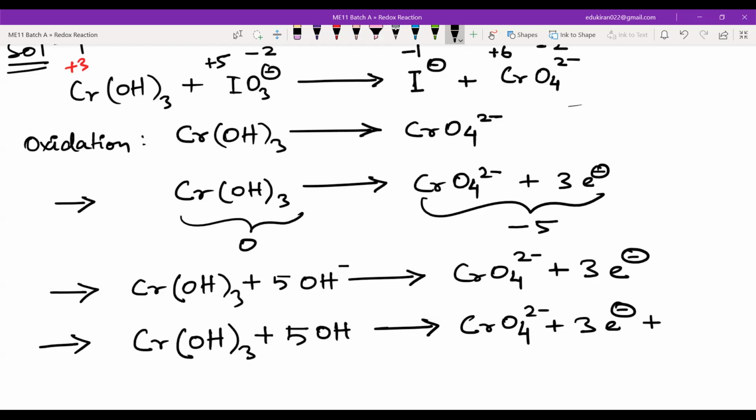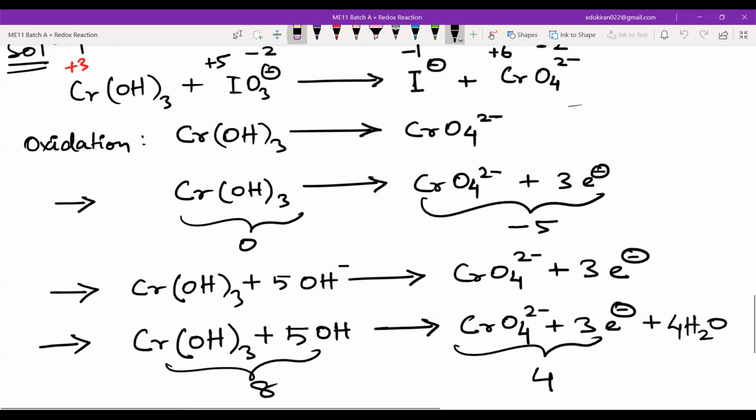Hydrogen is not balanced. I have added in the right hand side, not the left hand side. Fahim, what are you saying? Did you ask whether the left hand side is balanced?